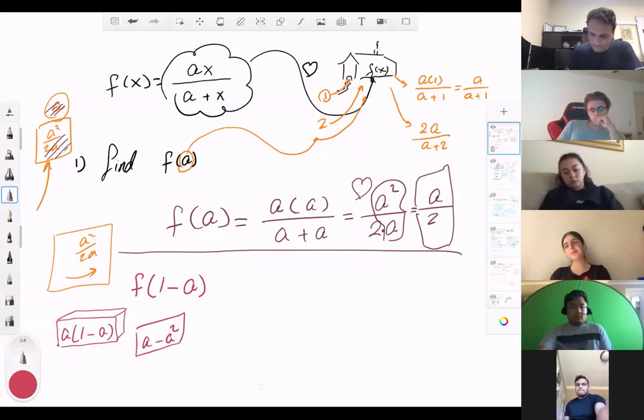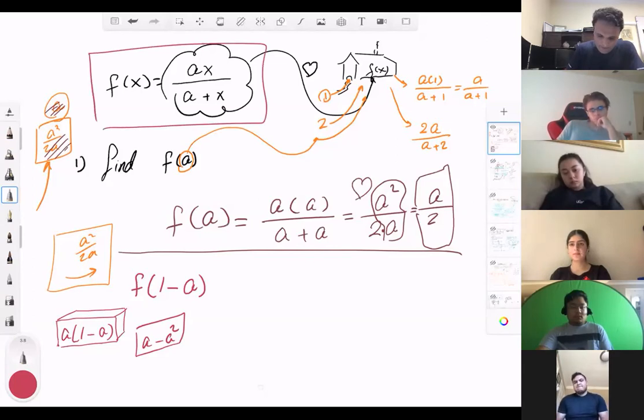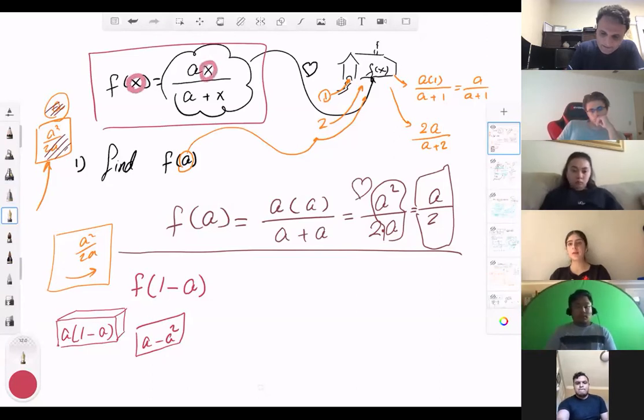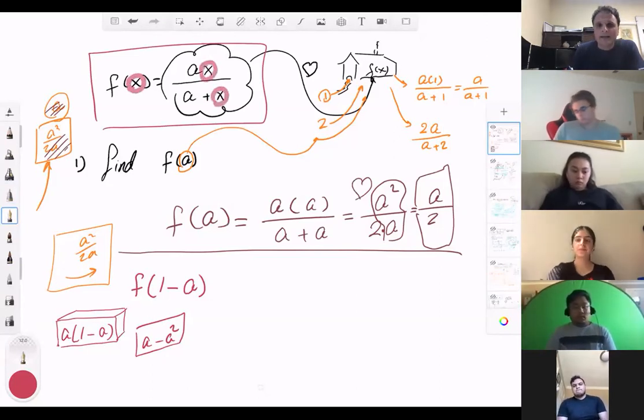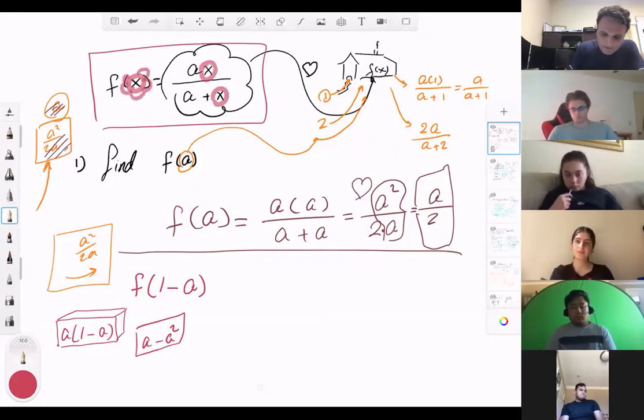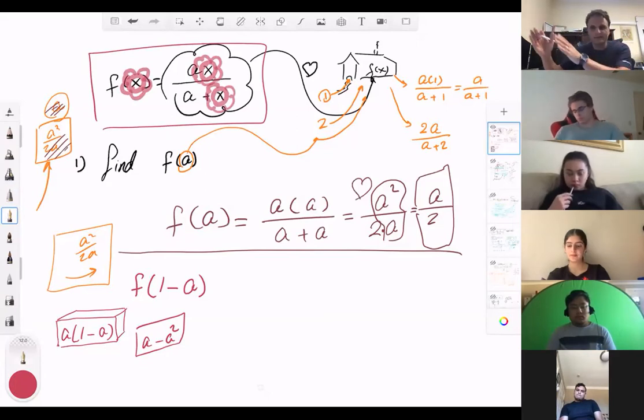So this is f of x. Here we have x, and here we have x, and here we have x. If we change this one to anything, for example, flower, everything should be changed exactly the same. If it's your name, or a house, you just put it there, correct?